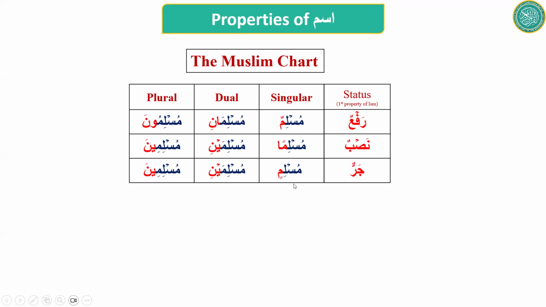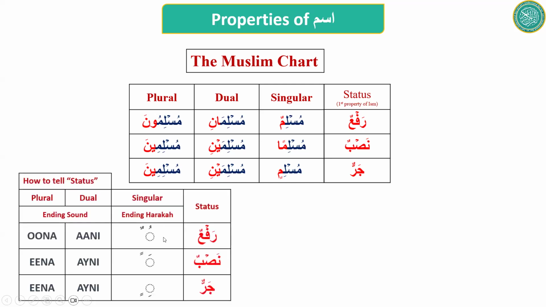The second row, their status is Nasb, and the third row are all Jar. So Muslimun is Rafa, Musliman is Nasb, Muslimin is Jar. Muslimani is Rafa, Muslimaini is Nasb, and Muslimaini can be Jar as well. Muslimuna is Rafa, Muslimina is Nasb, and Muslimina is Jar.